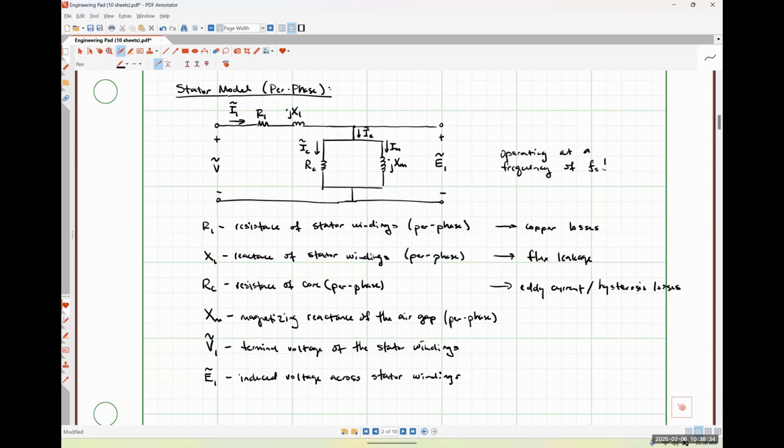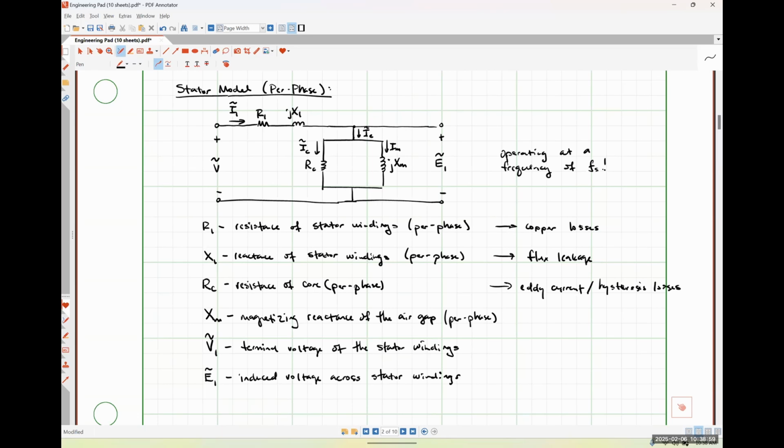So in a transformer, we got to use that cantilever equivalent circuit. You guys remember that thing? The reason we got to use the cantilever equivalent circuit is because our excitation current, IE, was very small compared to our input current on our primary, right? Typically around 5% or less.